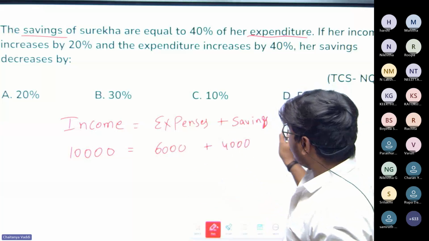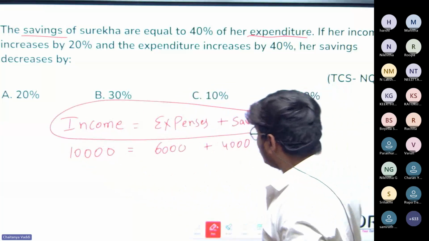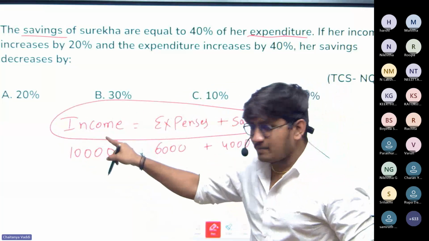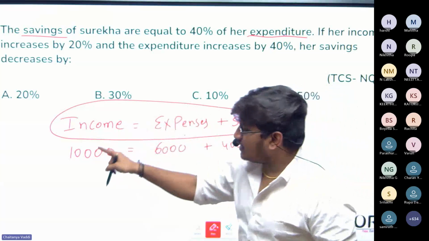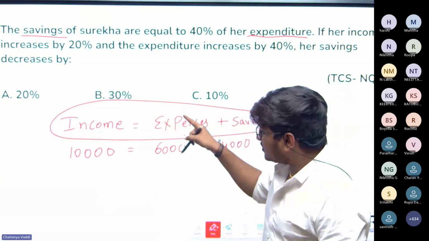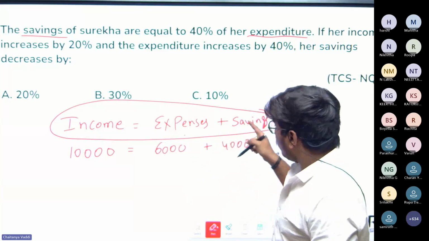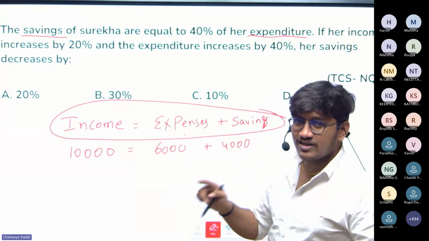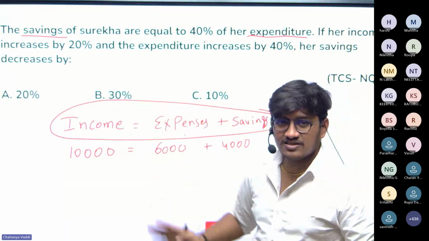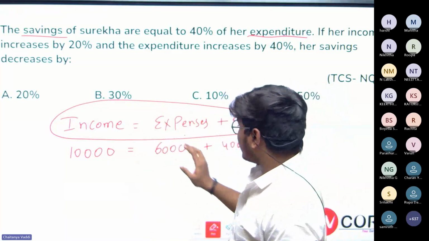If students understand this particular logic, income is equal to expenses plus savings. If I'm getting an income of 10,000, my expenses are 6,000, and the 4,000 is my savings. This question can be solved easily by understanding this logic. I hope you are clear with the logic.